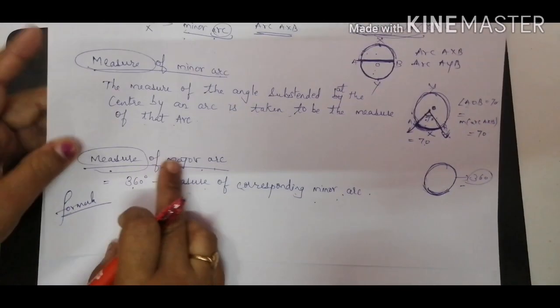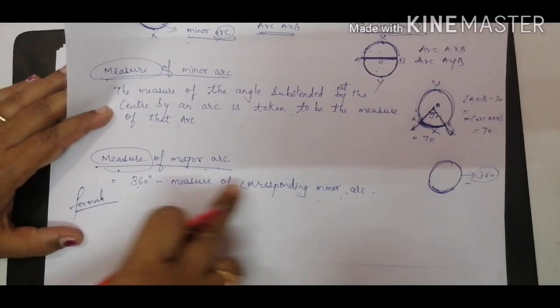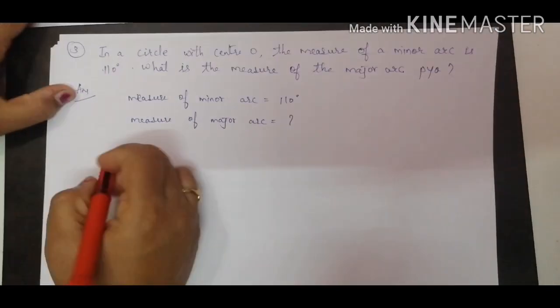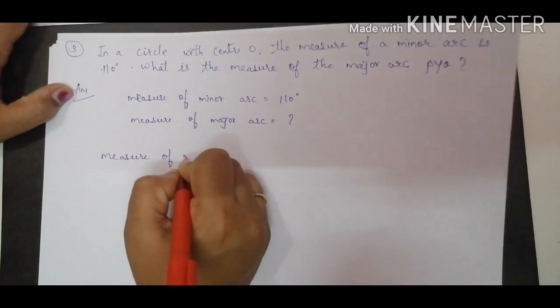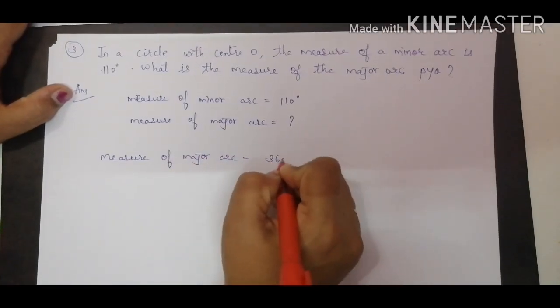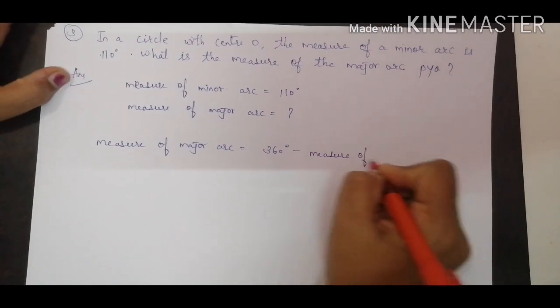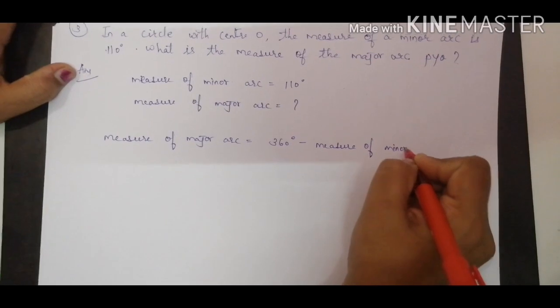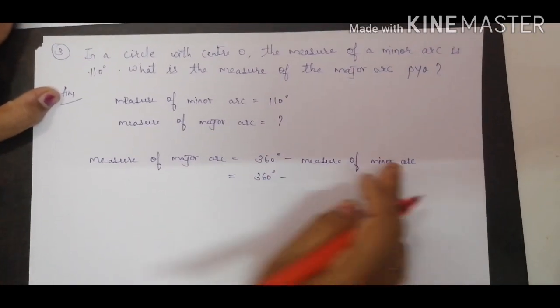See here, the formula for finding the measure of major arc is 360 minus measure of the corresponding minor arc. So let's write down the formula. Measure of major arc is equal to 360 degree minus measure of minor arc. So 360 degree minus 110, which is given as the minor arc measure.